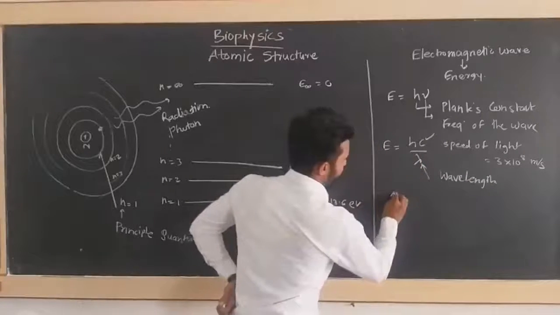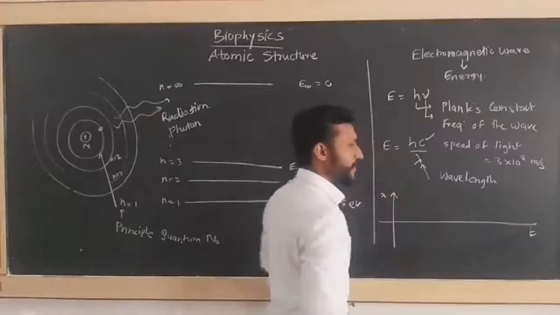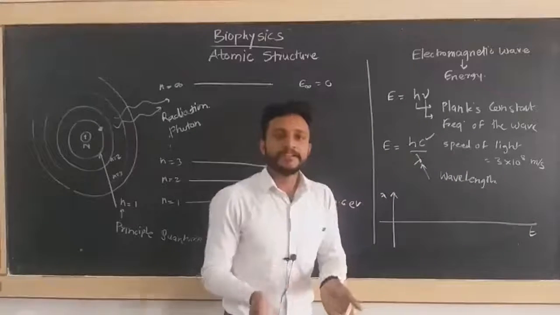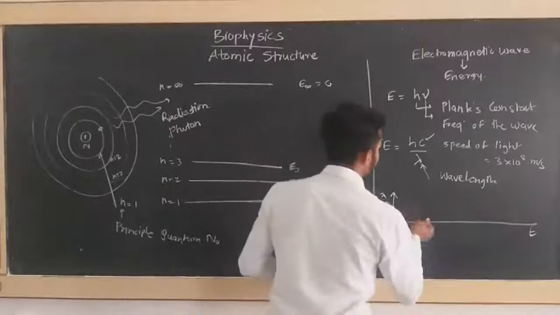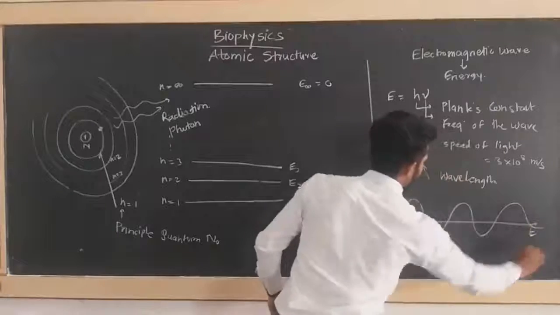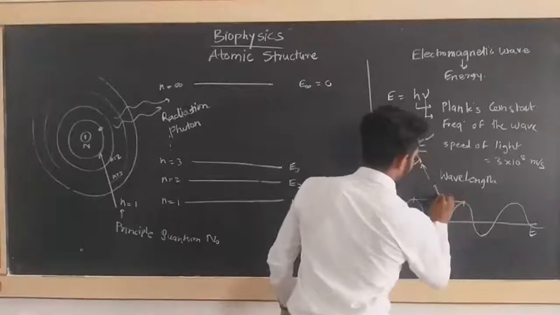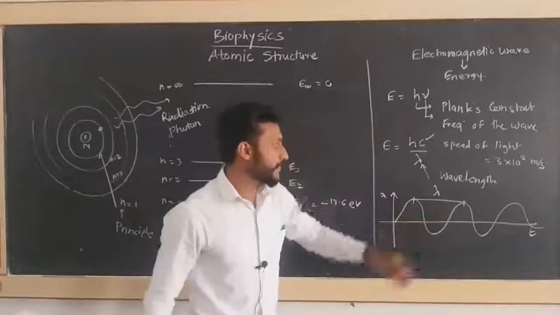If we draw the wave nature, displacement versus time, what is wave nature exactly? It is the oscillatory motion of particles. We can draw the wave like this, and the distance between two crests we call lambda.